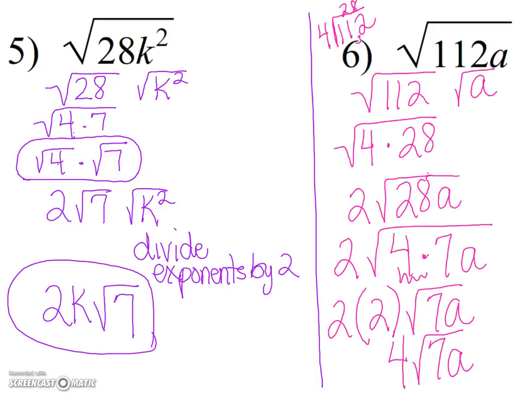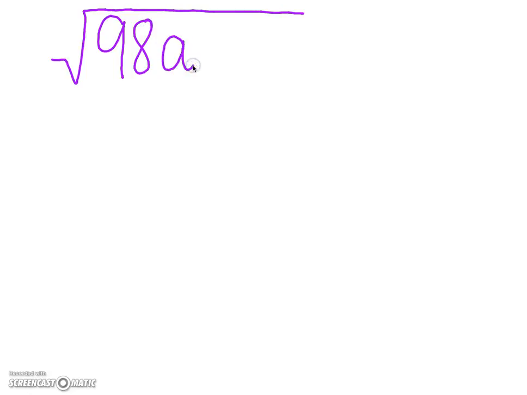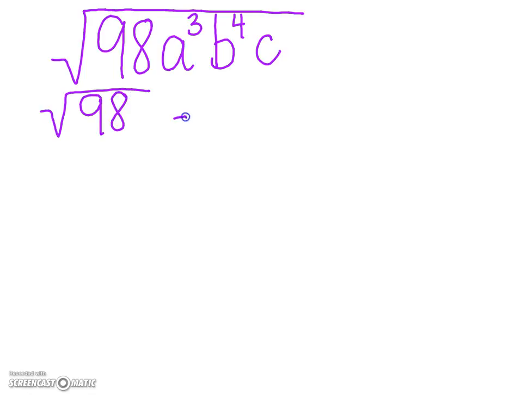Okay? And then we're going to just try one more. I only plan to do 6, but let's try one more. Say we have the square root of 98, a to the 3rd power, b to the 4th power, and c. We're going to start by focusing on the number. So I'm going to put square root of 98, and then I'm going to put my variables together.